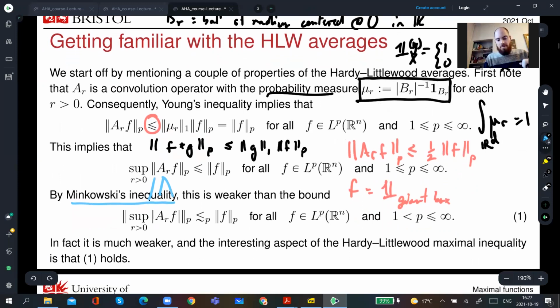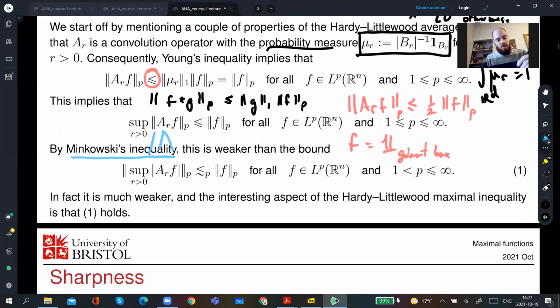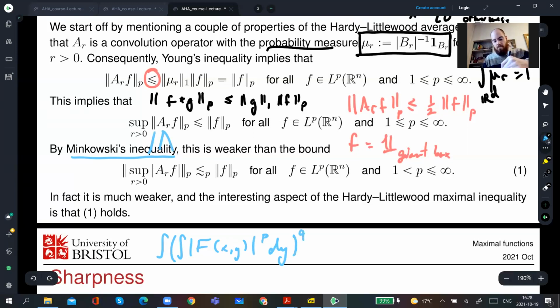More generally, Minkowski's inequality says that the integral of, say, a function in x and y to the p dy and then to the q over p dx, all to the 1 over q.